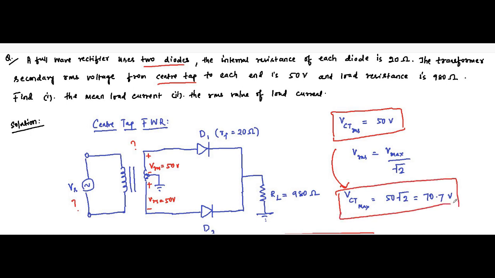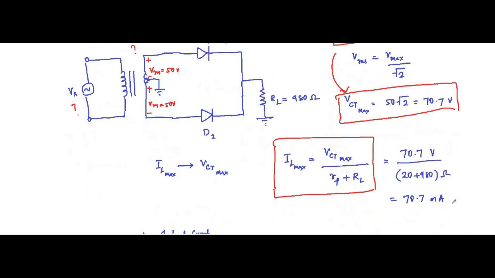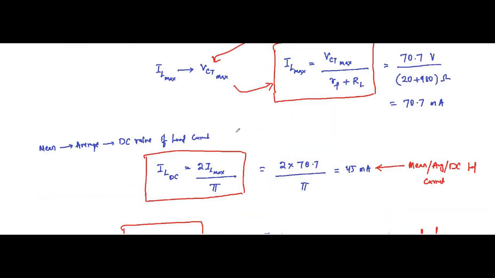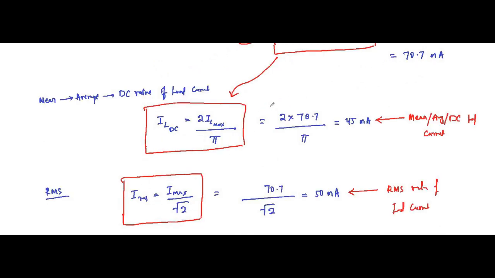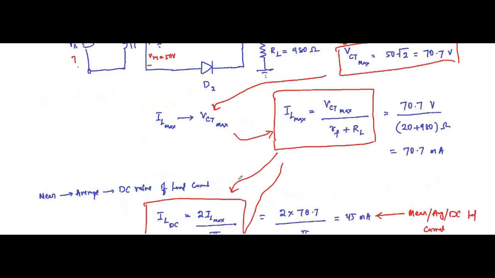The maximum value was asked, so this will happen when this is the condition. From this we got the maximum value of load current. From maximum value of load current we got the DC value of load current, and again from maximum value of load current we got the RMS value of load current. Okay, so everything is connected to the other.